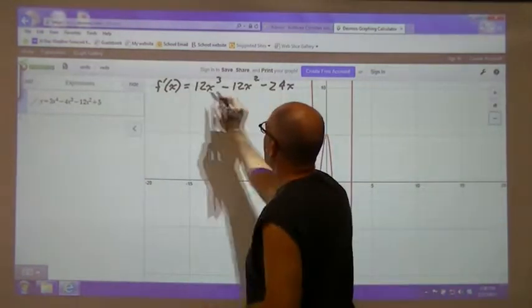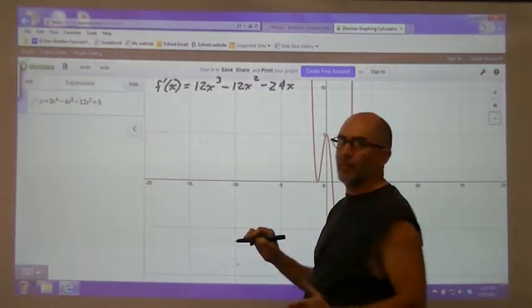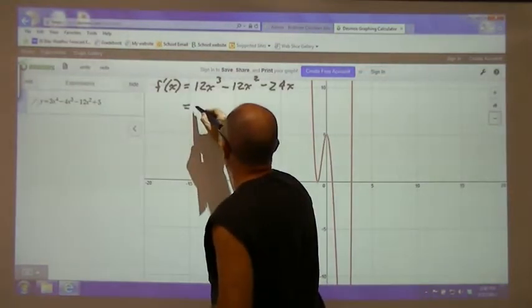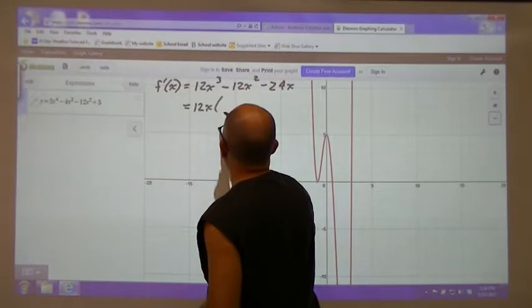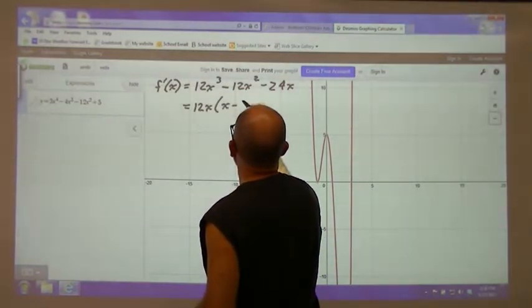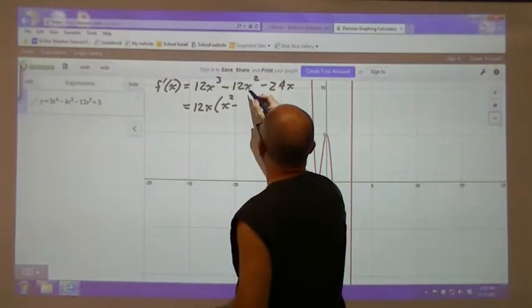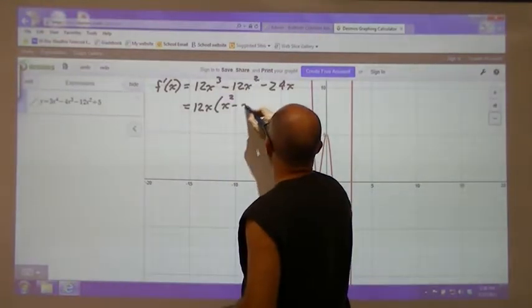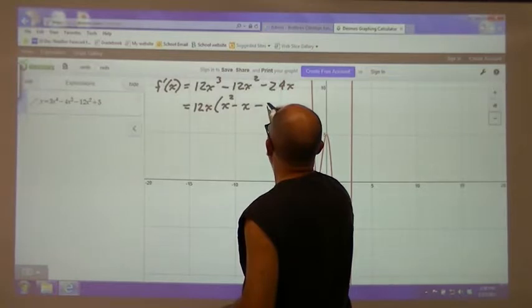Okay, so notice I can factor out a 12x from everything here. And I'm left with x squared minus x minus 2.